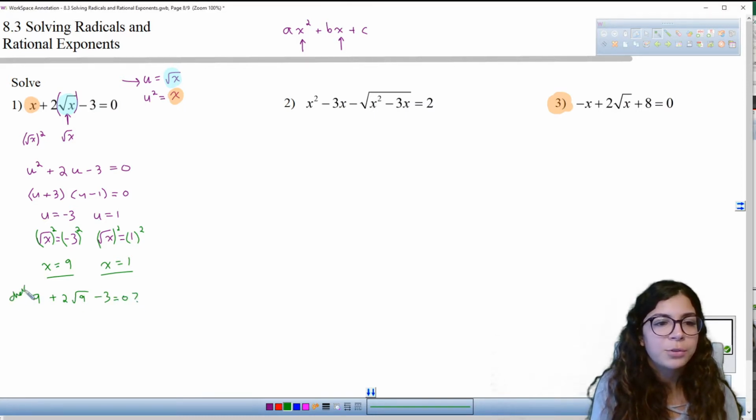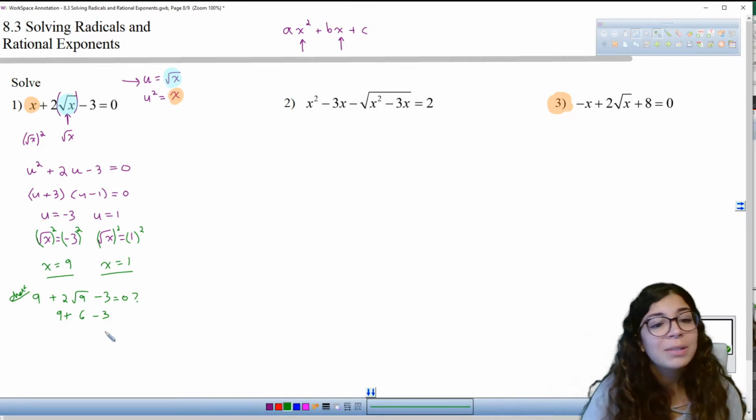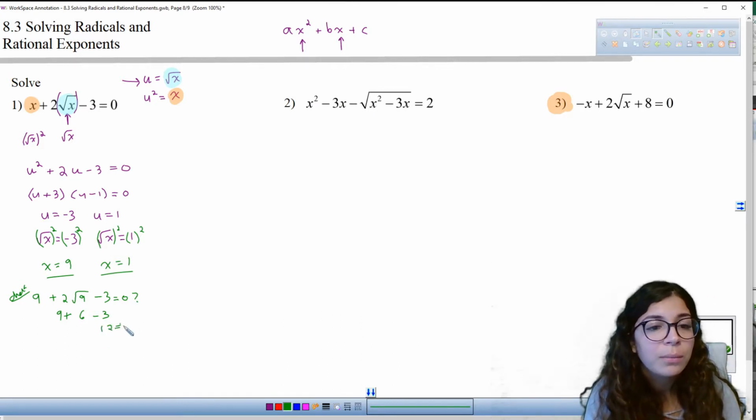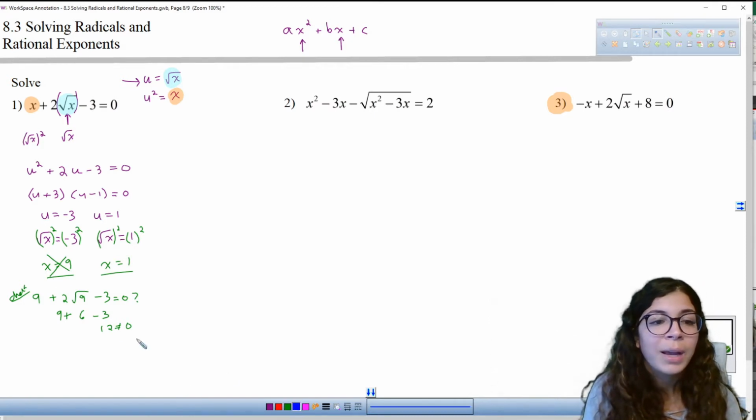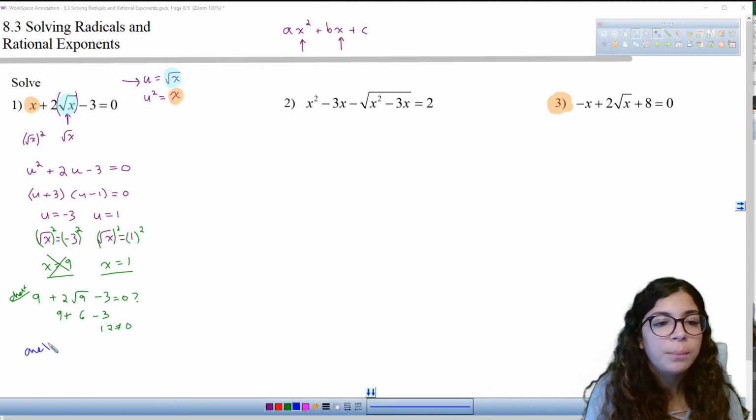So this is my first check. Square root of 9 is 3, so 2 times 3 would be 6. 9 plus 6 is 15. 15 minus 3 is 12, and 12 does not equal 0. So this is not a valid solution. Let's go ahead and check 1 now.